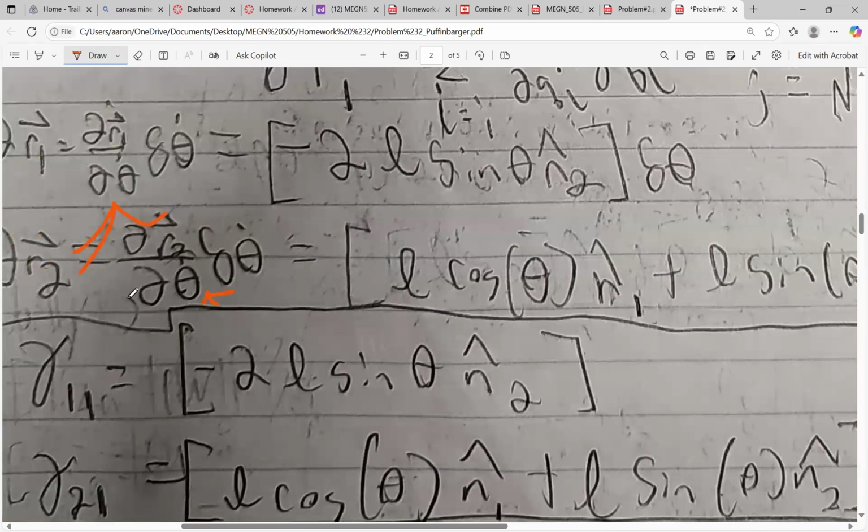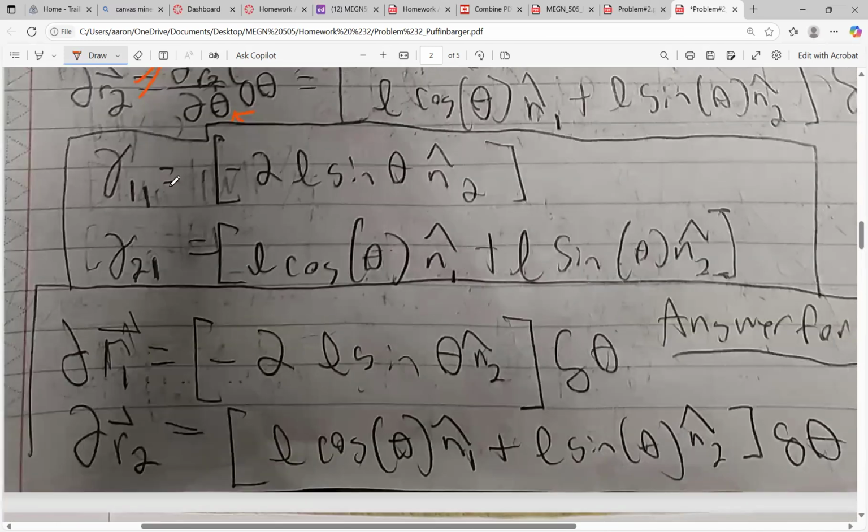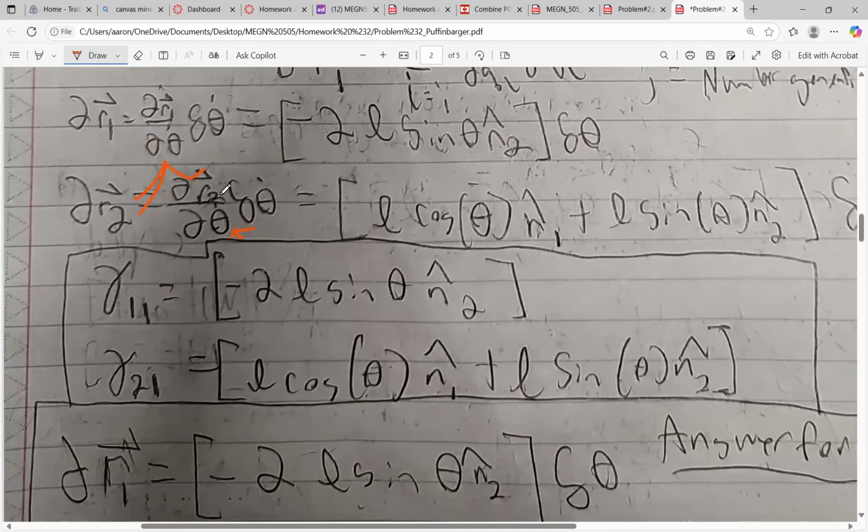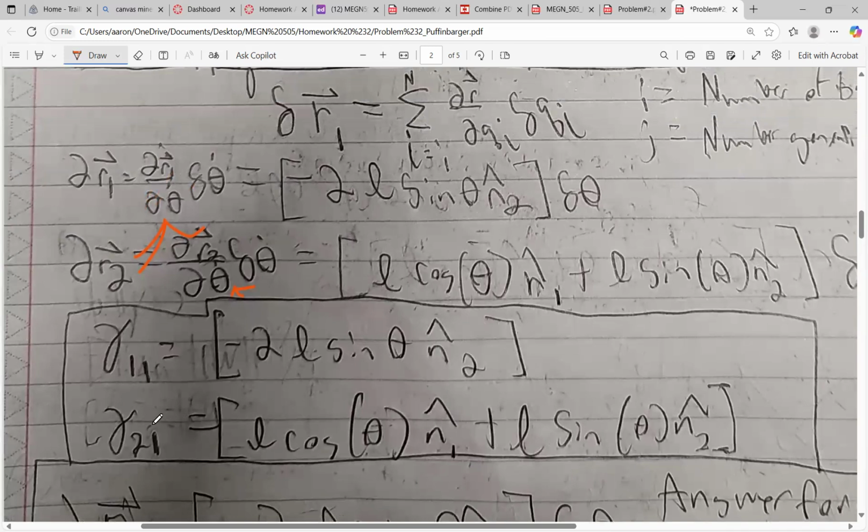I take these two partials here and solve for the two gammas that we have for this problem.